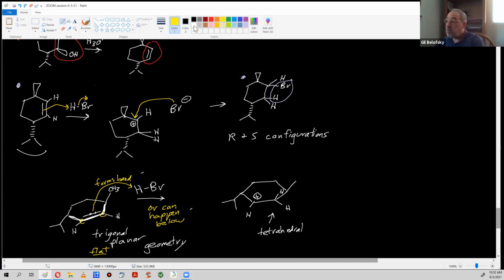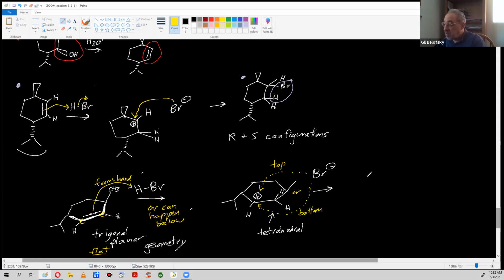However, in the next part, with the bromine, this can now come in from either face of the molecule. And I'll show those options like this. Top or bottom.